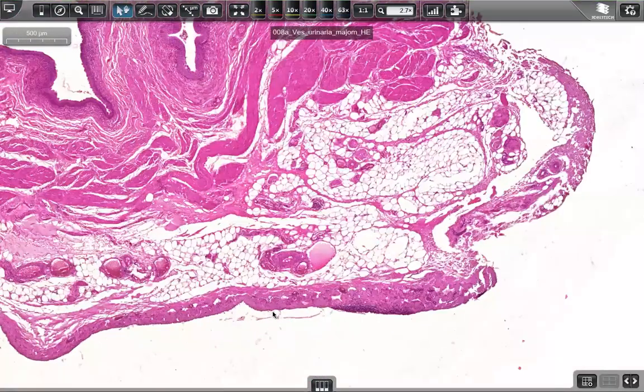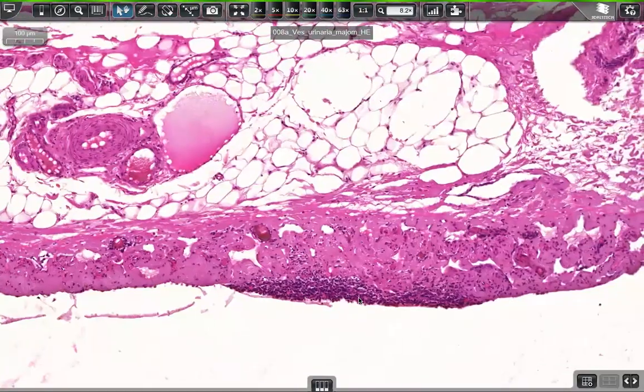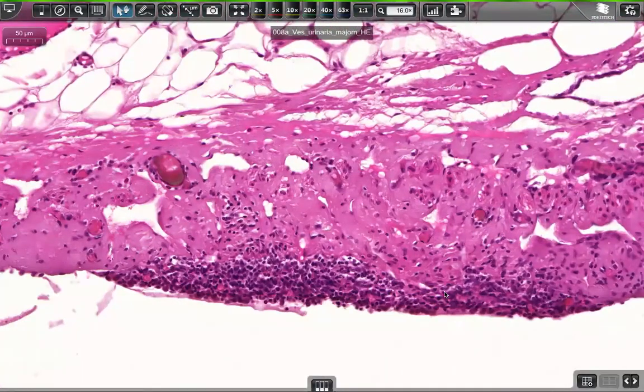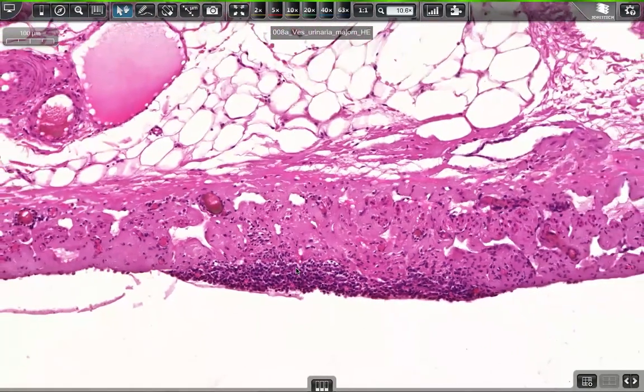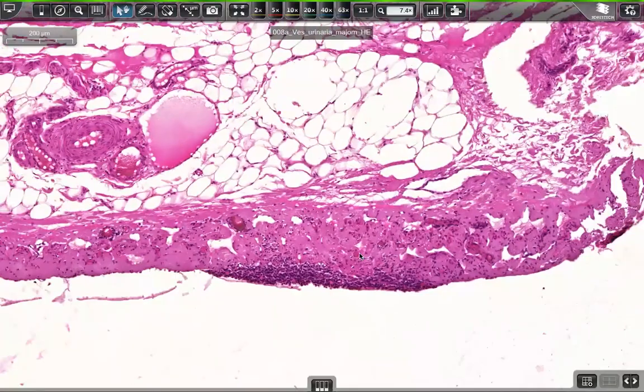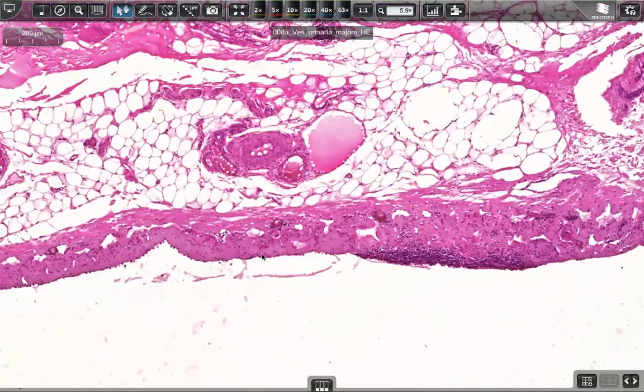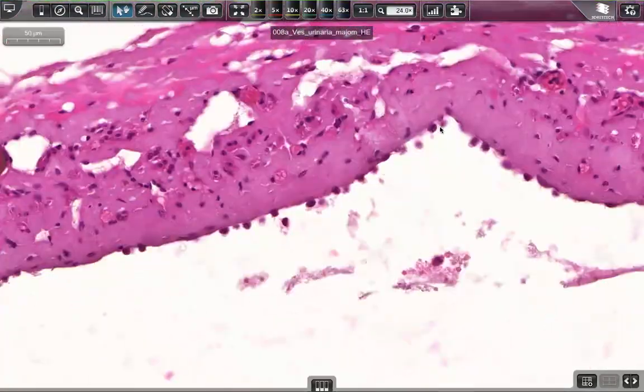And that side, here we have a lymphoid infiltration. It's quite normal, so it's not unusual. And then here we have a prominent cells.